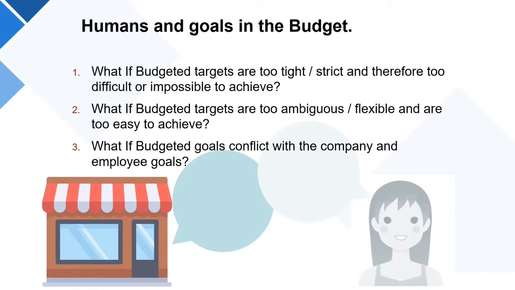What if the budgets are too tight, too strict, and therefore too difficult or impossible to achieve? What will happen there?